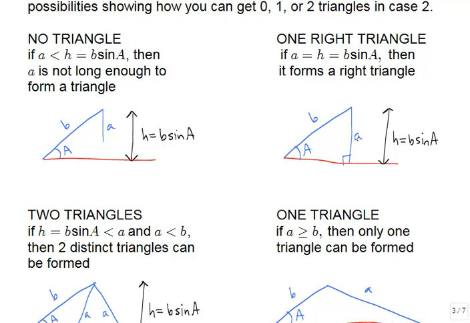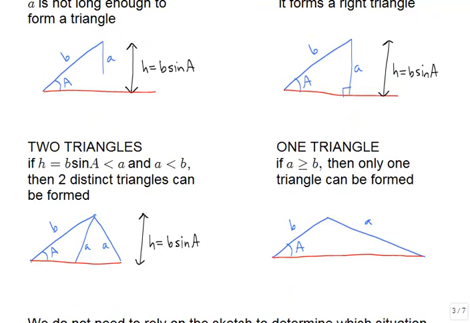If this side a is exactly the same as the length of h, then you will get exactly 1 triangle, and it will be a right triangle. So that's one way to get 1 triangle.